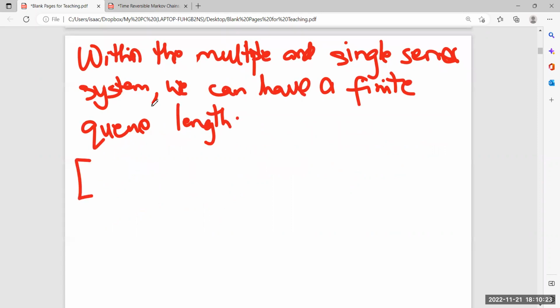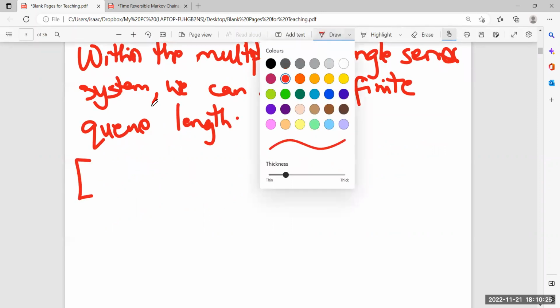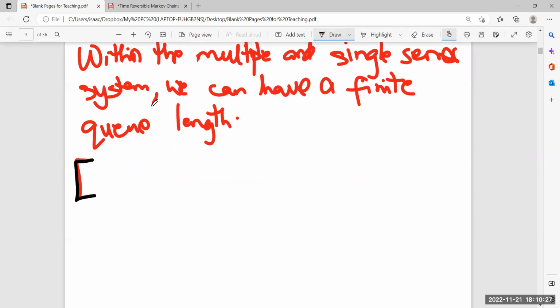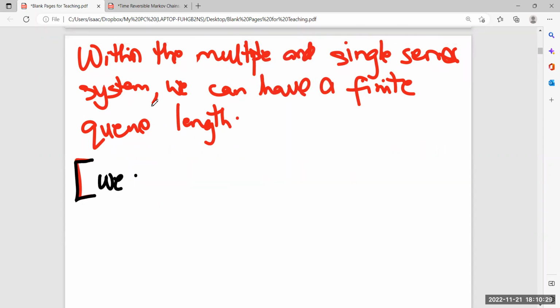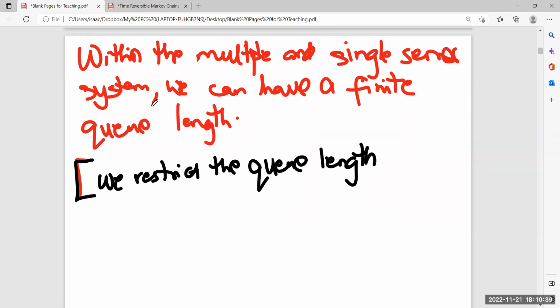So here we have some sort of restriction, right? So this is the restriction here. So we restrict the queue length to a fixed value.